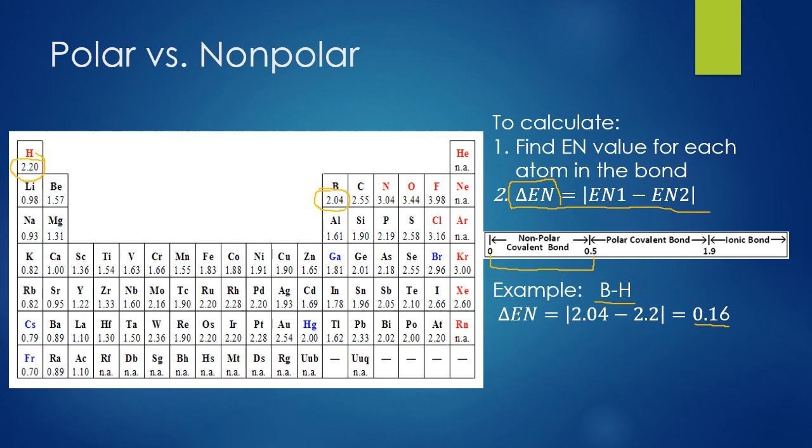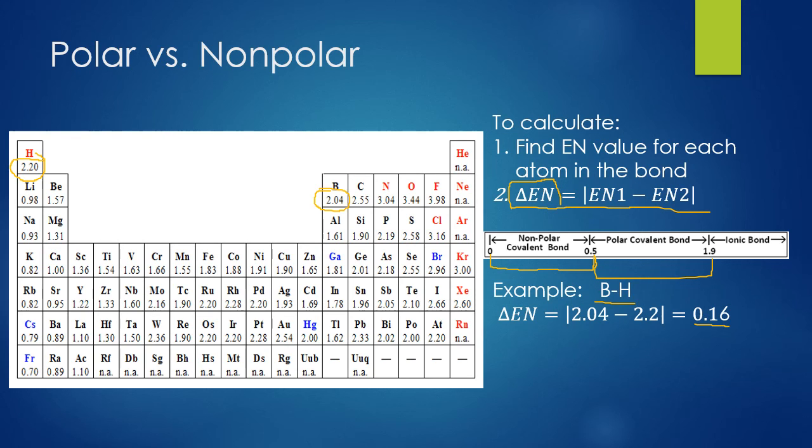If it was higher than 0.5, between 0.5 and 1.9, it would be classified as a polar covalent bond because that's a much wider difference between its electronegativities. A polar covalent bond only occurs when we have two different atoms that have a large difference in their electronegativities, making one atom much more electronegative, thus wanting those electrons a lot more than the other atom.